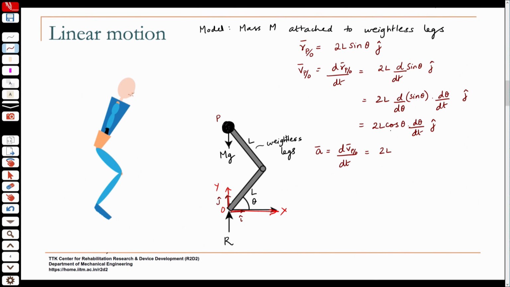First I differentiate cos theta, I get minus sin theta, and I also get a d theta by dt, so I have d theta by dt square along j. Then I have another term, 2L cos theta, and differentiation of this gives me d square theta by dt square.